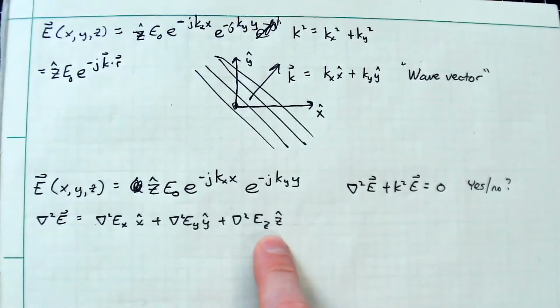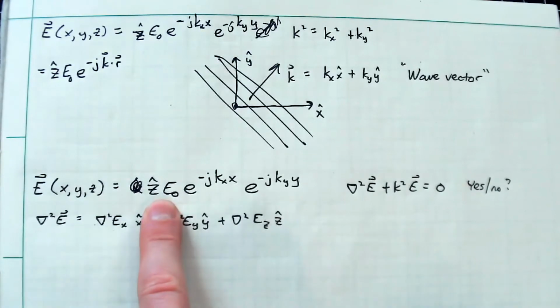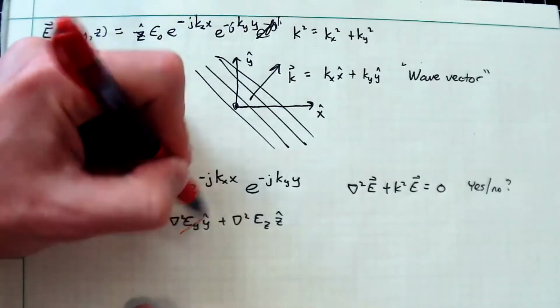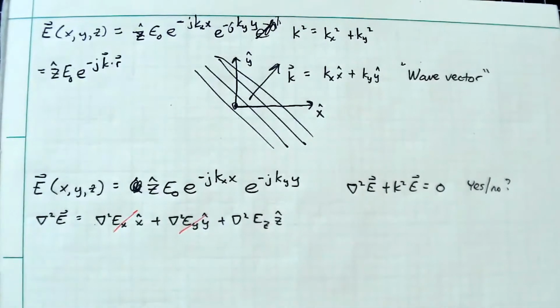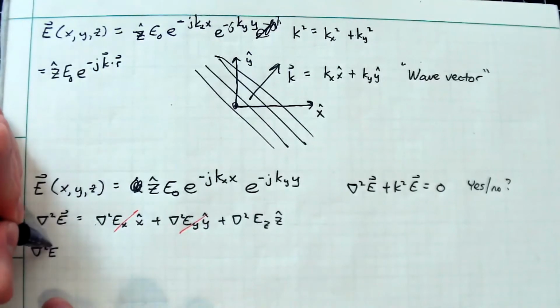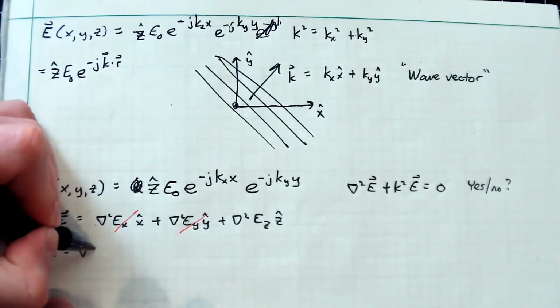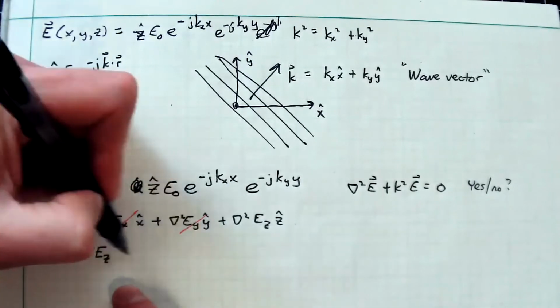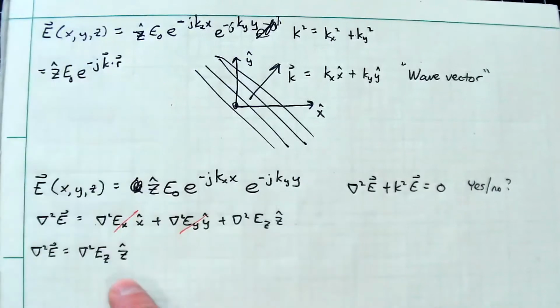So first things first, we know that I've limited my electric field to just a single direction. That means this and this are both 0. So I will get del squared E is equal to del squared times the z component of my field, z hat.